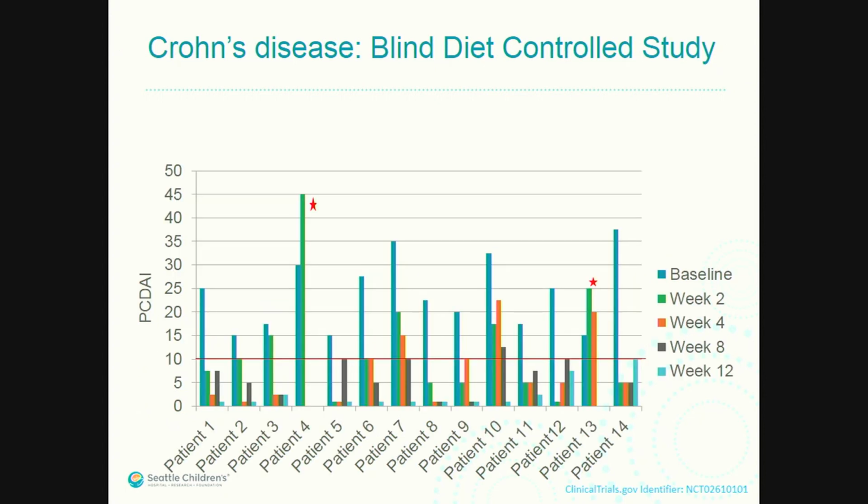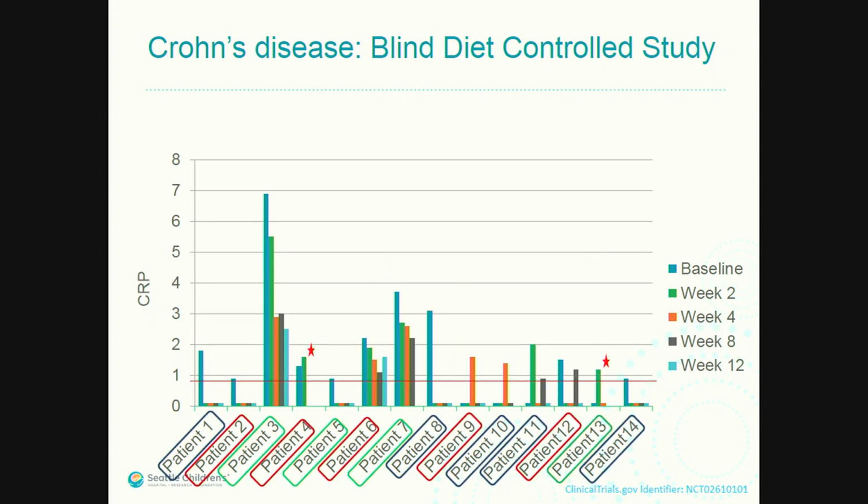But what we can see here is that the majority of individuals improved clinically, no matter what diet they went on. So that really points to the fact that diet matters in terms of symptoms. And we want to encourage even those individuals who don't want to do dietary therapy to improve on the foods that they eat to make their bowels feel better. We also saw, for a majority of individuals, improvement in inflammatory response.